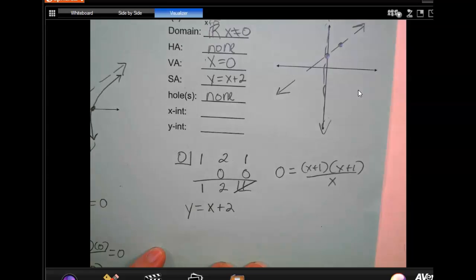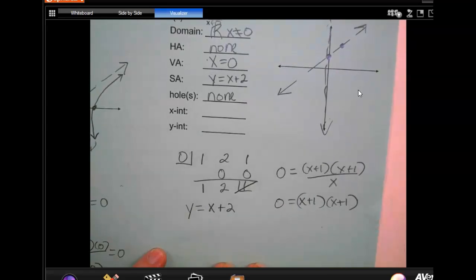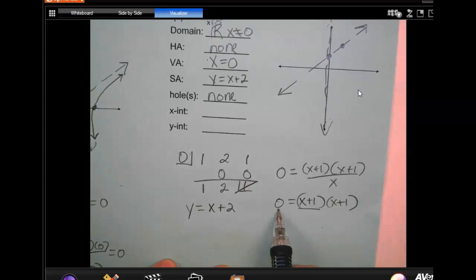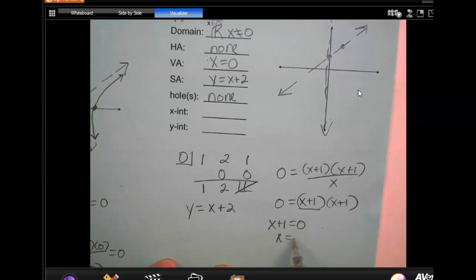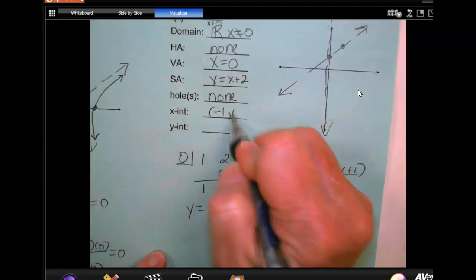So what's 0 times x? 0, right? So then I want to set this equal to 0, correct? So I'm going to get x plus 1 equal to 0, and that tells me my x is negative 1. But they're the same, correct? So I only get one x-intercept. I'm going to get negative 1, 0.